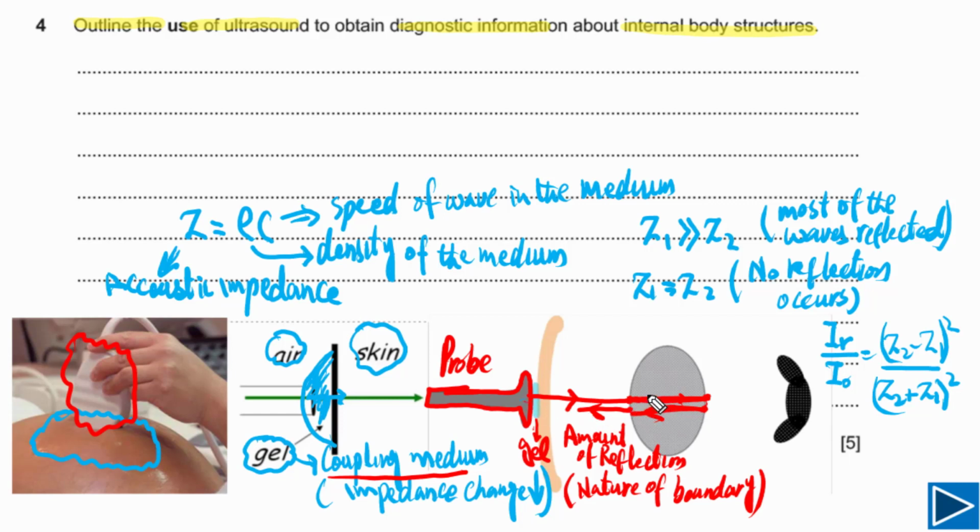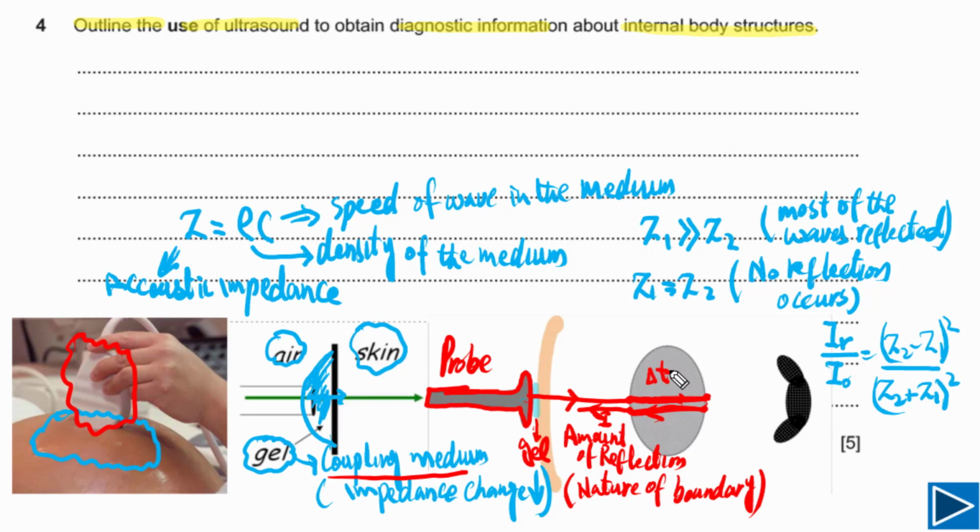So there is a delay time, which we can simply call delta t. That is the time it takes to travel in this tissue from here to here and then back from here to here, and that is the time delay between when these two pulses are detected. This is the first pulse detected and this one will be the second.